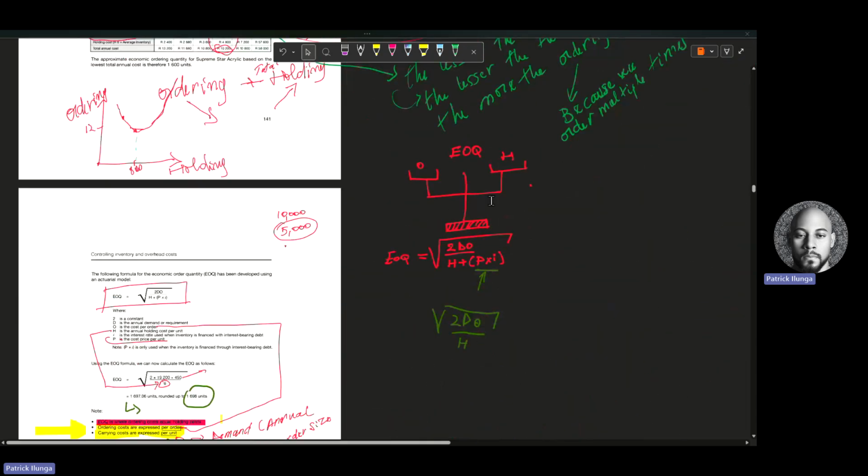With the EOQ, as with any economic principle, you need to look at a balancing act. So you need to balance the ordering cost and the holding cost. Now, I hope you are understanding what I'm talking about here.